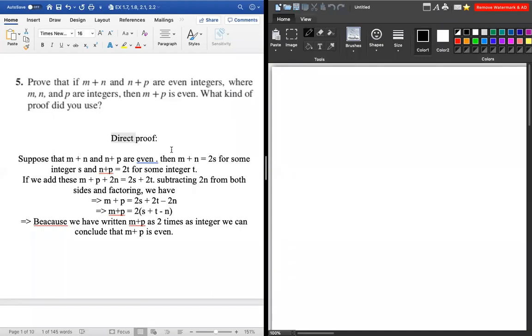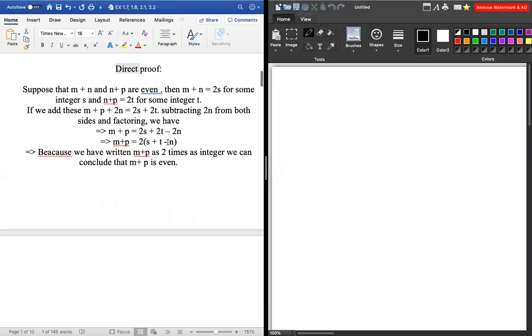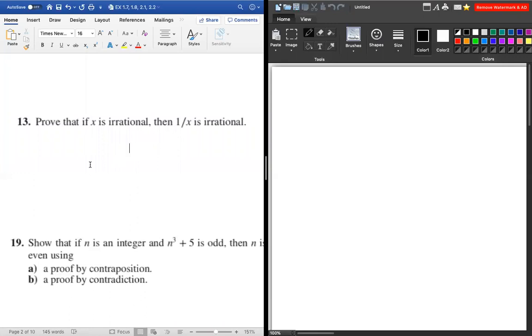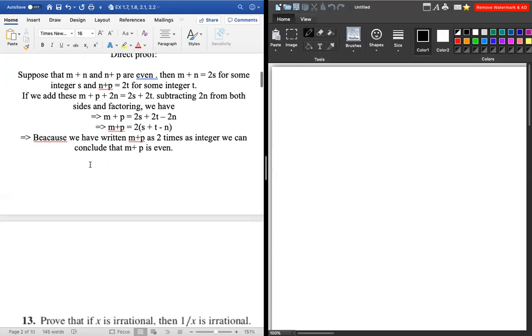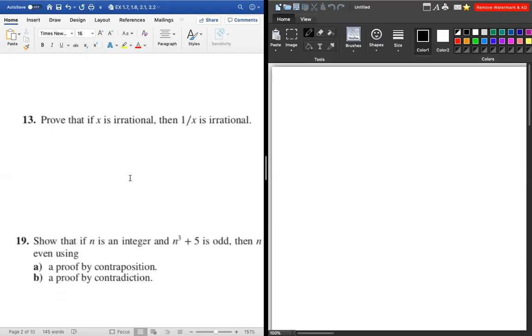Okay, so let's move forward to another question. So we have this question number 13 here. So we have to prove that if x is irrational, then 1 over x is irrational.